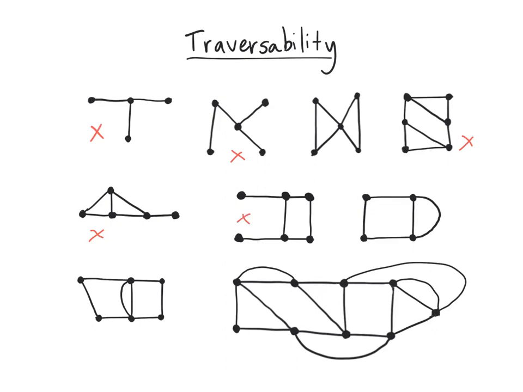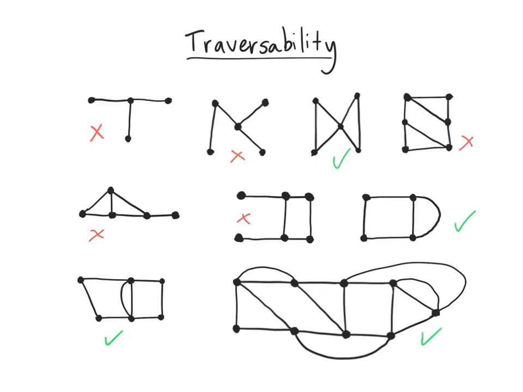This next one along is traversable. Maybe we'll go back and put a little green tick next to those ones so you know that they are traversable. And now along the bottom row, we'll see that the last 2 are in fact traversable.